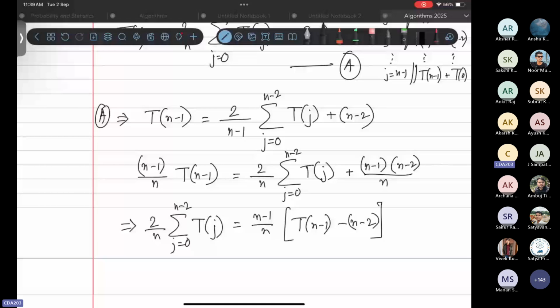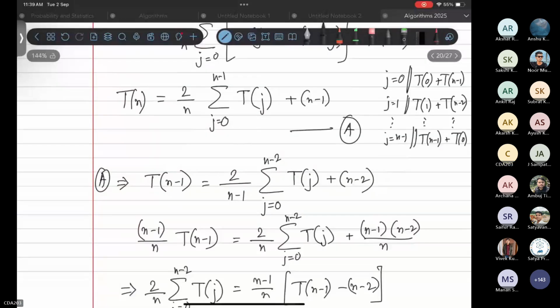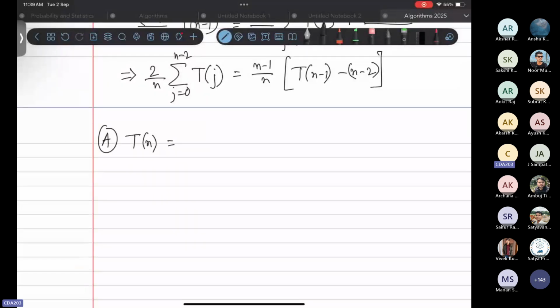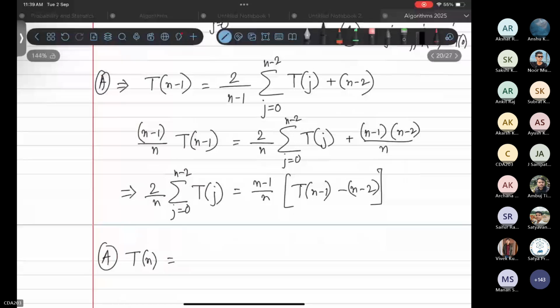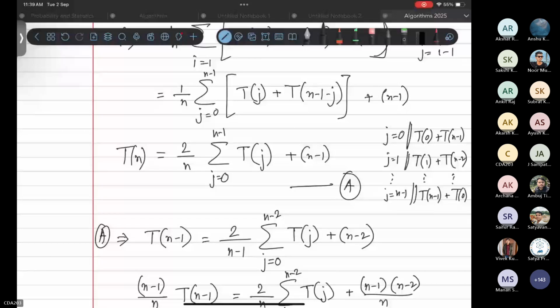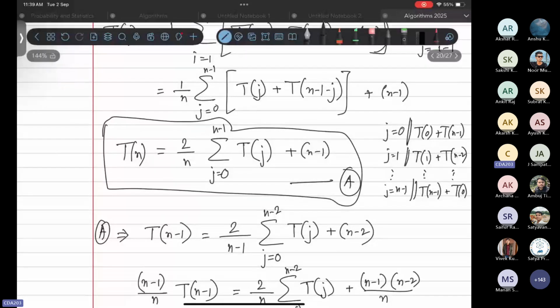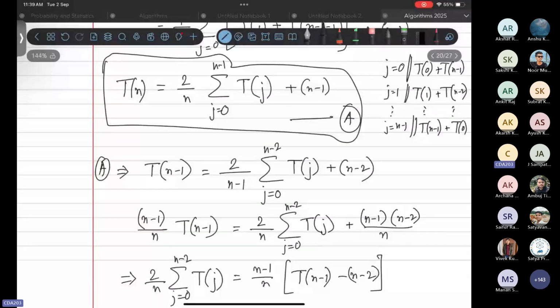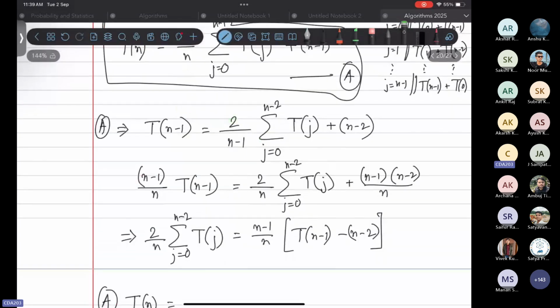Now from A, what do I have? Let me rewrite this equation: Tn equal to, let me box it as well, 2 by n, sum over j runs from 0 to n minus 1. And what do I have here? 2 by n.